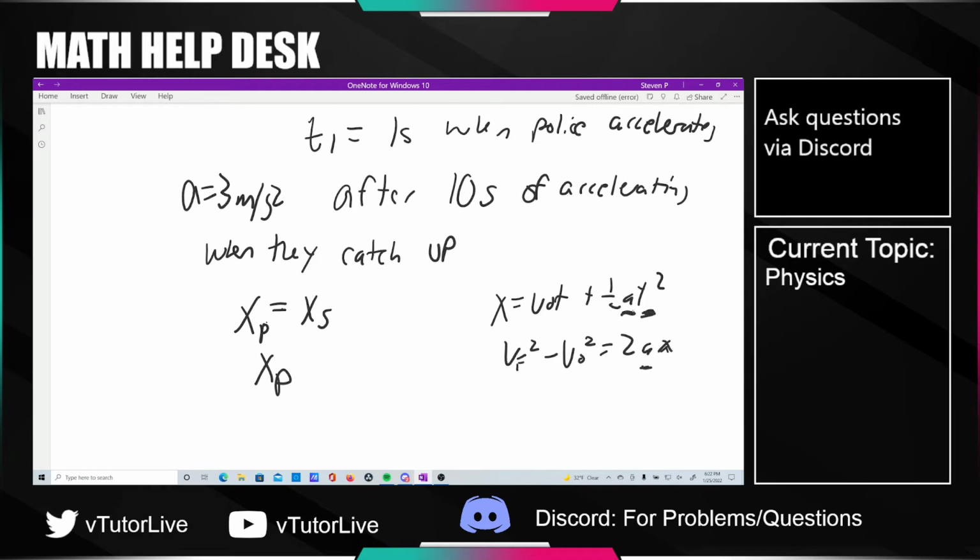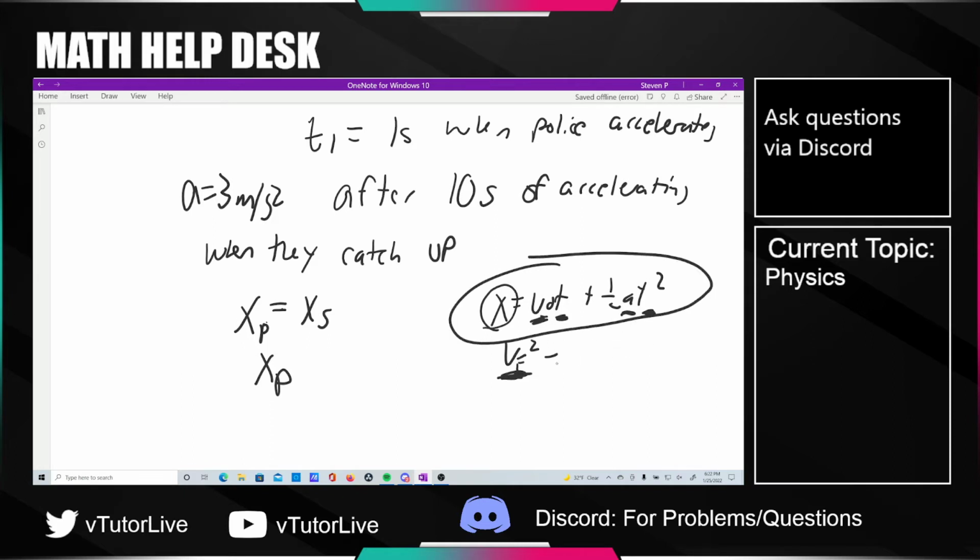We have the time over here, and we have the v naught. So, this will make it easier to find x of the police car at the end, as opposed to having to go out of our way to find velocity final. Because over here, there's two missing variables, right? X and the VF, so we would have to use more equations. So that's why I'm motivating that this is probably the equation to use, at least to describe the cop car. Does that seem reasonable?